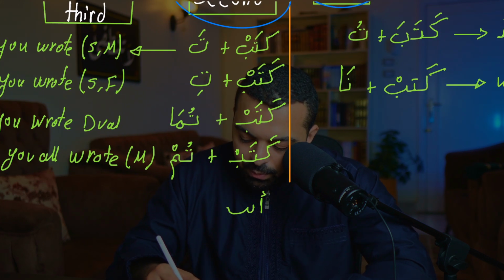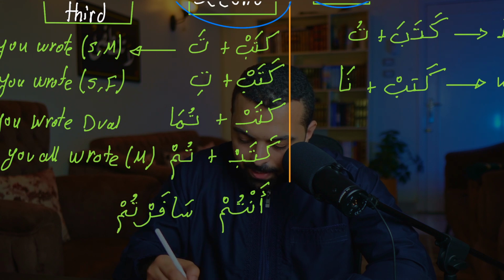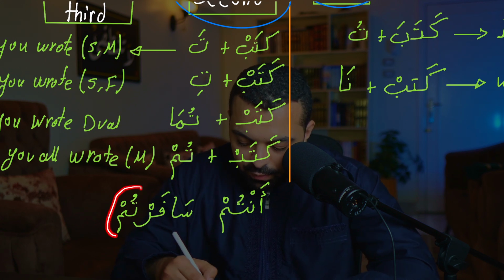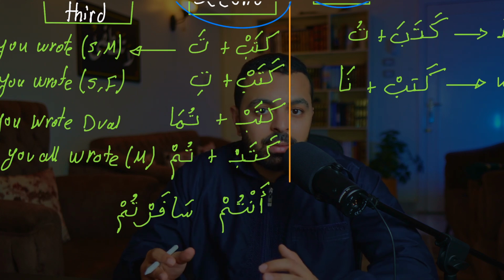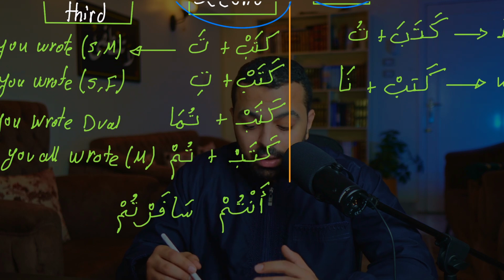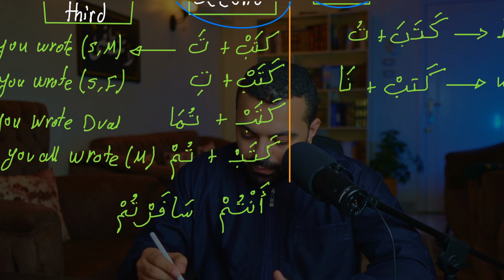You say أنتم سافرتم. This type of pronoun that is connected to the word, we consider it ضمير متصل, connected pronoun. And this is for plural, mixed or only males.